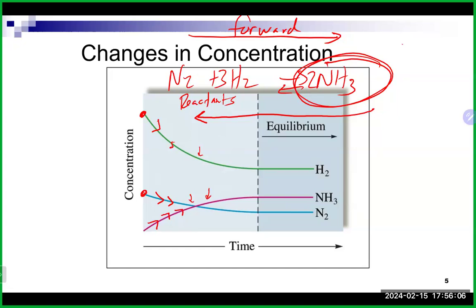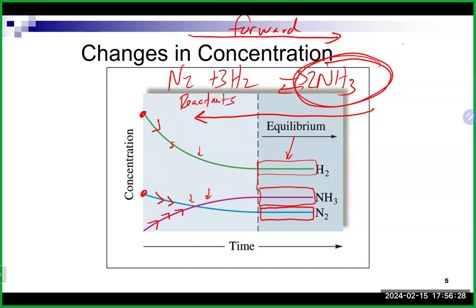And at some point, what we see is our reactants have flatlined, our products have flatlined, and our other reactant here has basically flatlined. And that means at that point their concentrations are all basically staying the same, right? There's no major change happening.